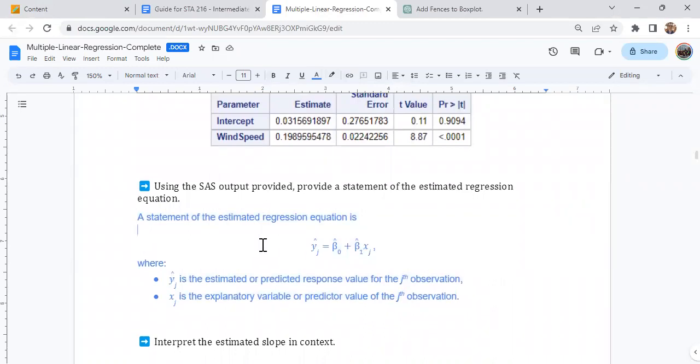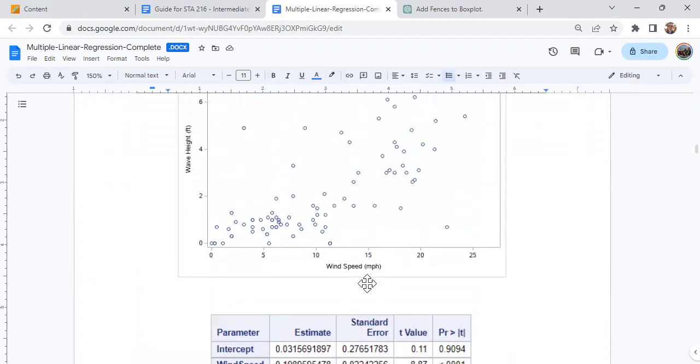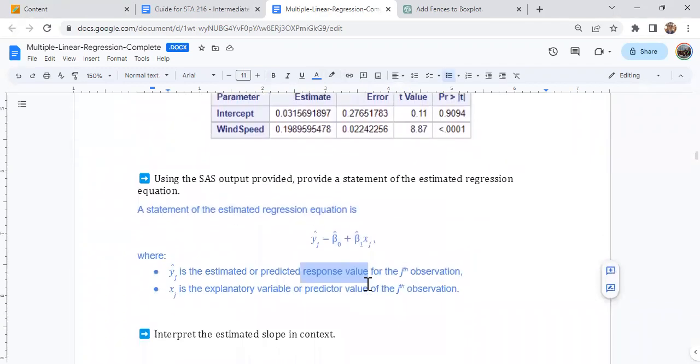So in that case, we would say y hat is the estimated or predicted wave height, right? And then it's always important to give the units of measurement. So we'll say it's the peak wave height in feet.